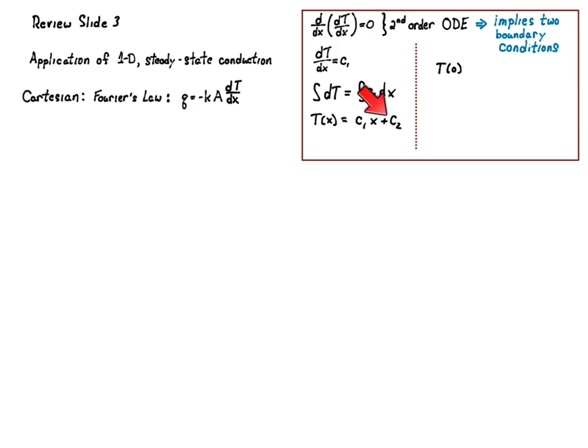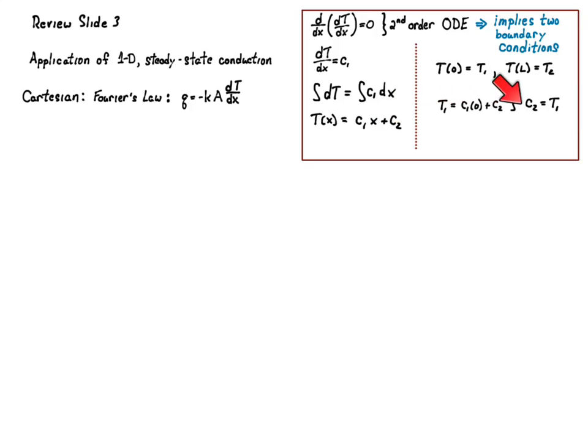We can solve for these constants by specifying the temperature at x equaling 0 and at x equaling L, calling them just T1 and T2. We utilize these two boundary conditions, putting them back into our general form of the solution for the second order ordinary differential equation.